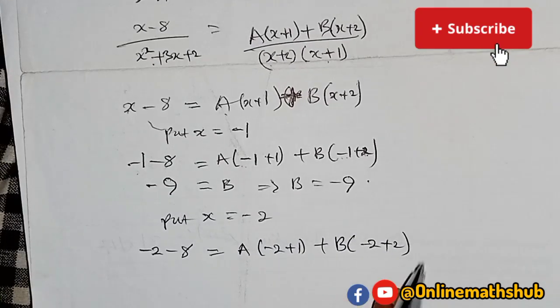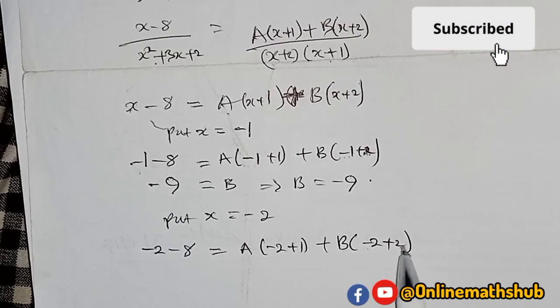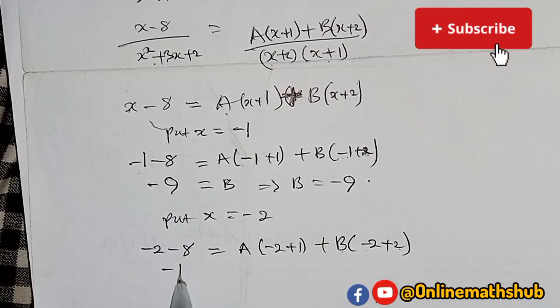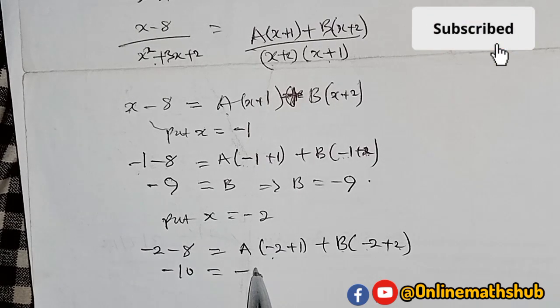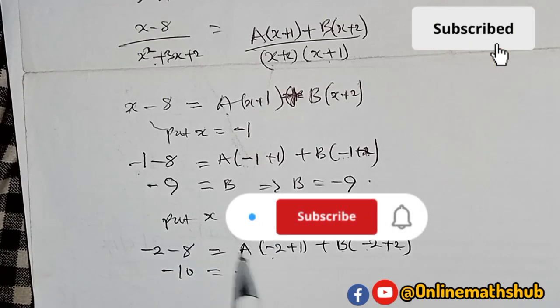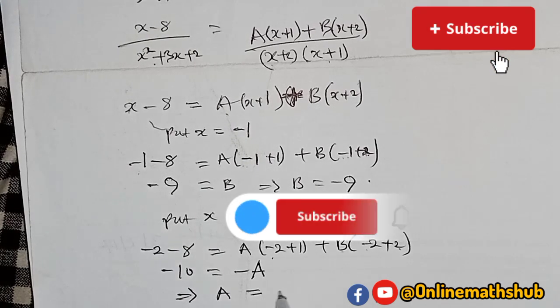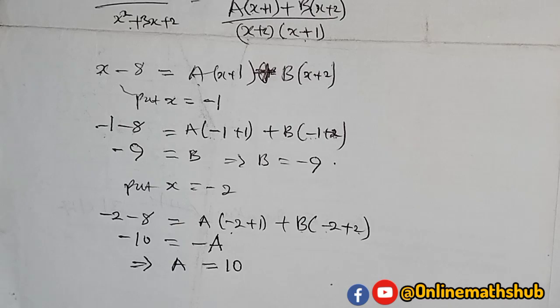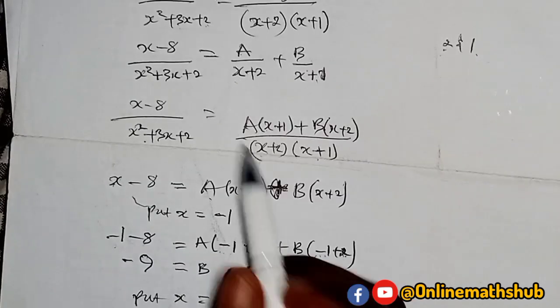You can see that this one is 0 because minus 2 plus 2 is 0, and 0 times B is 0. So minus 10 is equal to minus 1 times A. Multiplying through by minus 1, A is equal to 10.